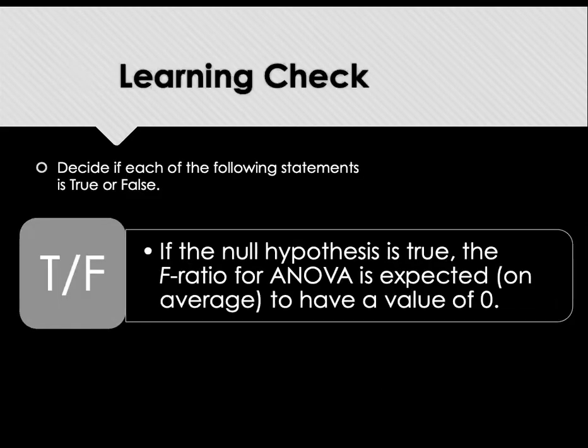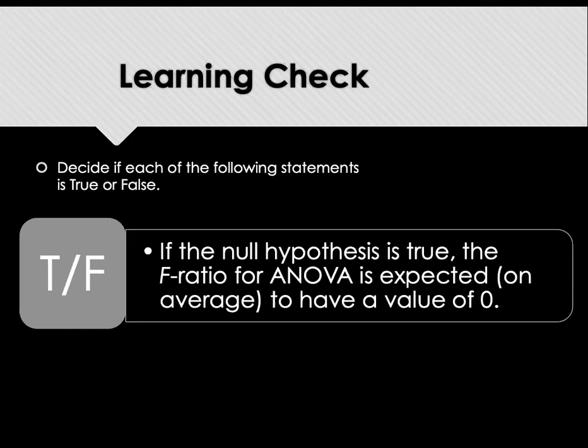Another true, false. If the null hypothesis is true, the F ratio for ANOVA is expected, on average, to be around 0. That's what we were just talking about. Remember, in the F ratio, the numerator is differences due to treatment effect and error. In the denominator, it's error only.